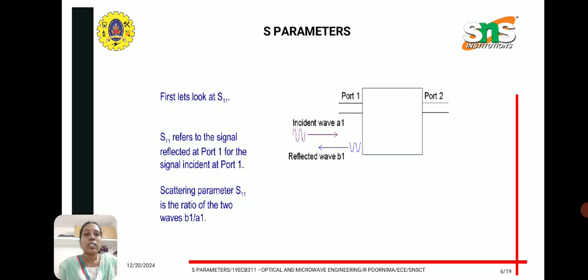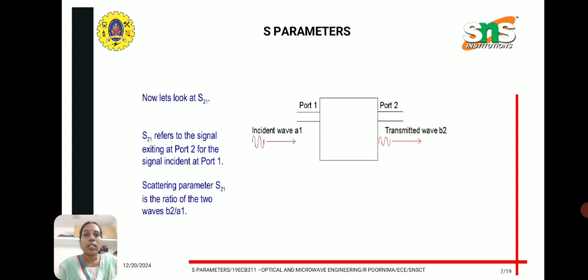So let's look at S11. Here the S parameter is characterized as S11 at port 1. It refers to the signal reflected at port 1 for the signal incident at the same port. Scattering parameter S11 is the ratio of the two waves, reflected wave divided by incident wave, so it is B1 by A1.